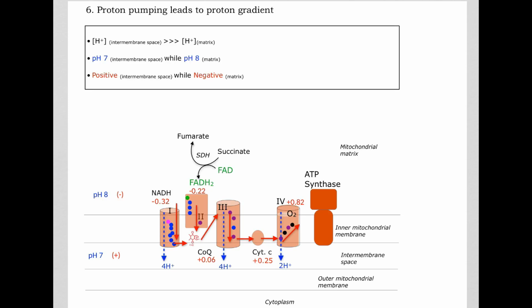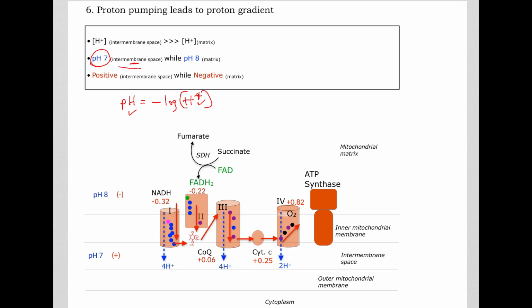Now a higher proton concentration in the space means a lower pH, because remember pH is equal to minus log of proton concentration. So the higher the proton concentration, the lower the pH.